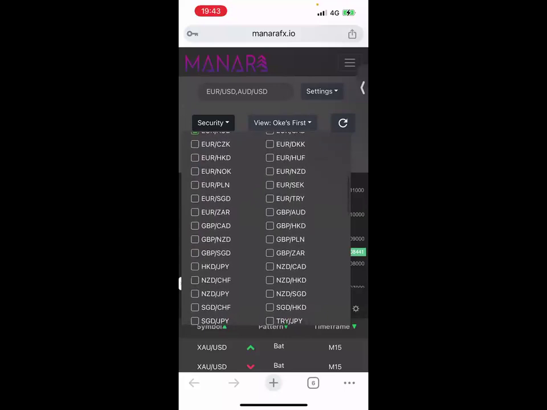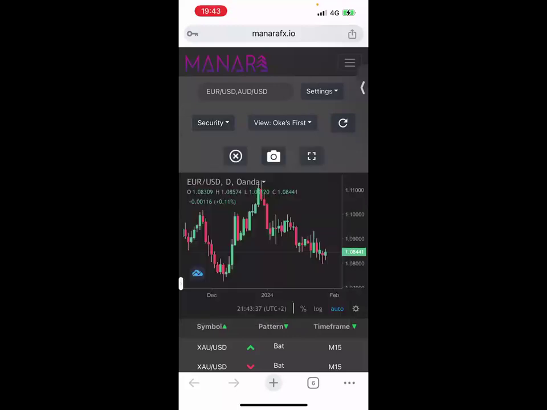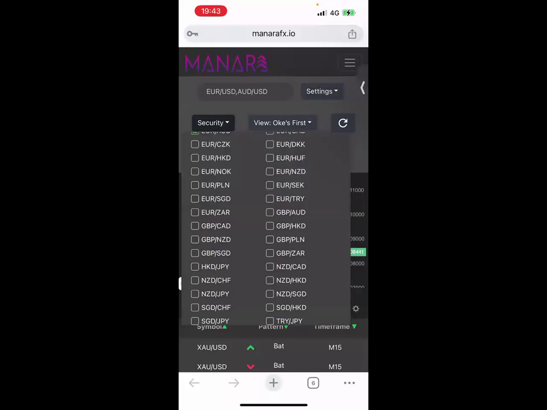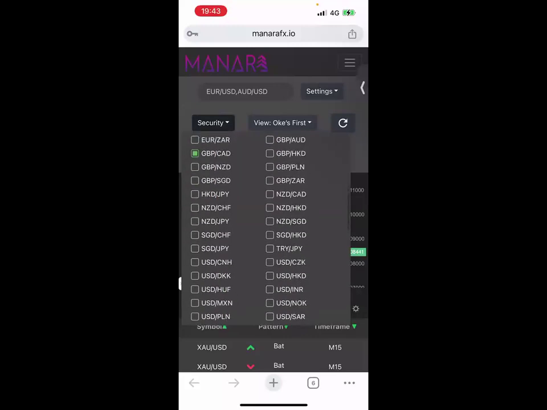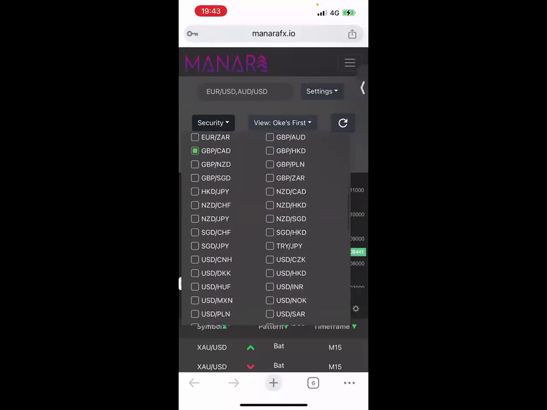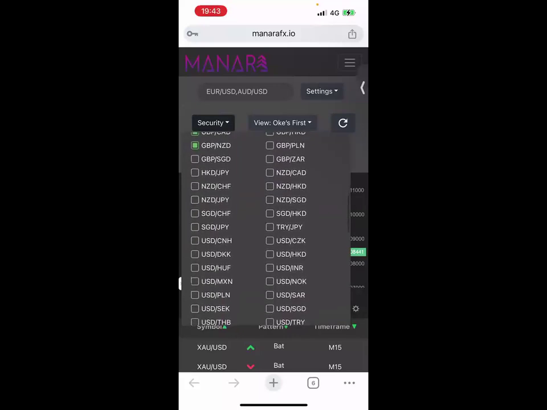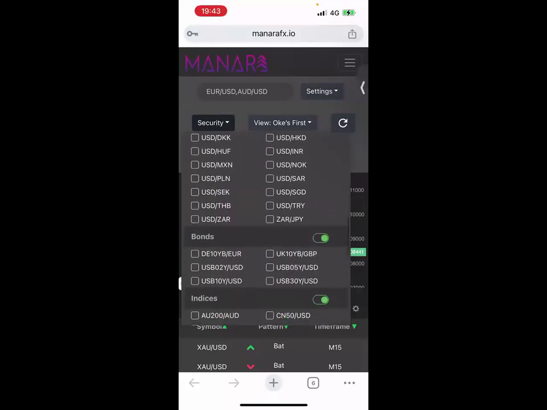Then you have GBP CAD, good. Scroll down. GBP NZD. Then the second row, still in that same part.